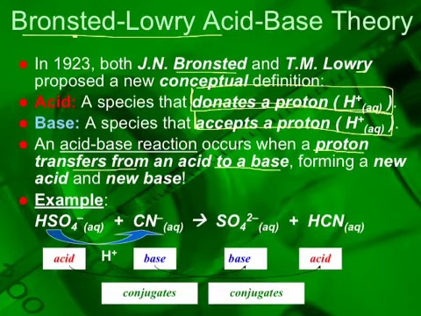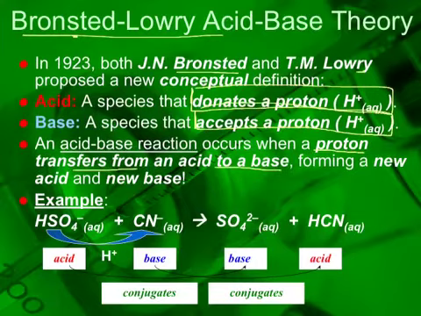In the example here, we have hydrogen sulfate reacting with cyanide to produce sulfate ion and cyanic acid. Here, because the H+ is transferred from hydrogen sulfate to cyanide, we'll call hydrogen sulfate the acid, whereas the cyanide, the species that accepts the proton, is the base.